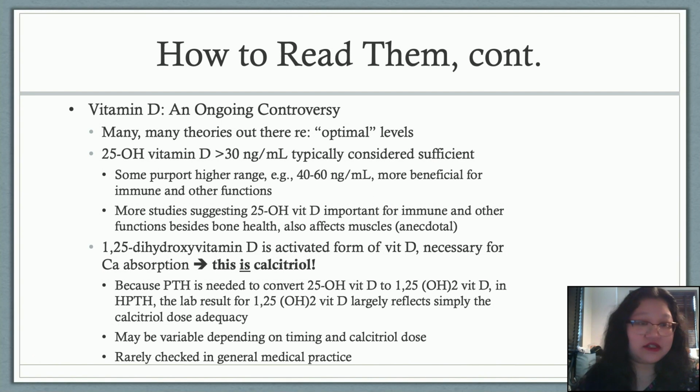And vitamin D, just a little thing on this. I think I actually just showed a slide that said the Institute of Medicine says that greater than 20 is, quote, okay, but I think we all agree that the 25 hydroxyvitamin D ideally should be over 30. That's what's considered more optimal or sufficient.